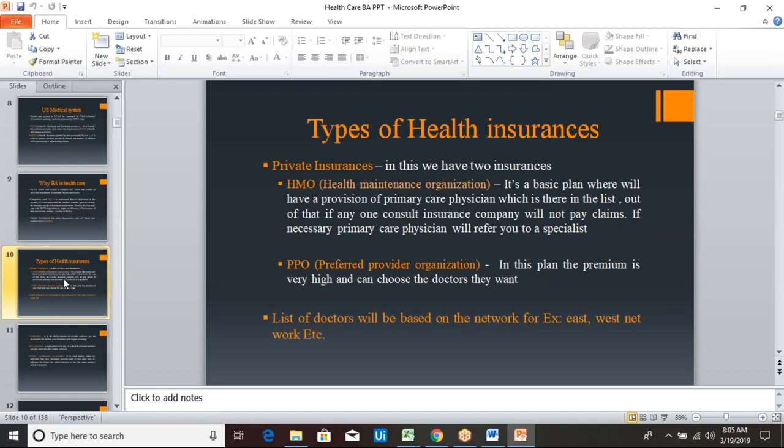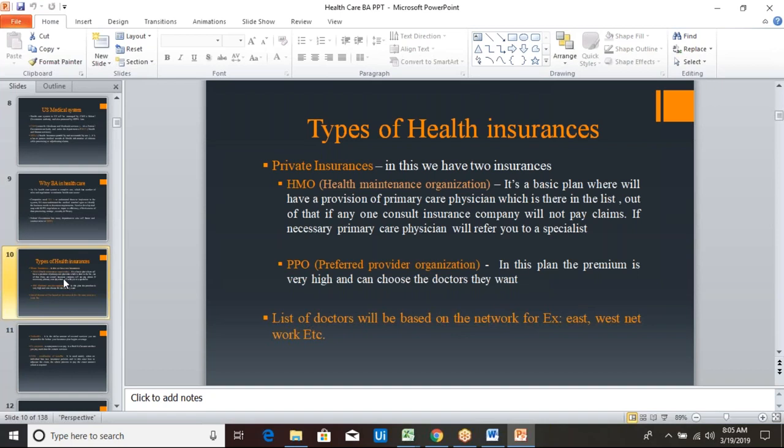There is a panel of doctors in each region. Depending on which region you belong to, you can go and meet the healthcare physicians near you. You are not allowed to meet any specialist with respect to HMO, as it's a basic plan.